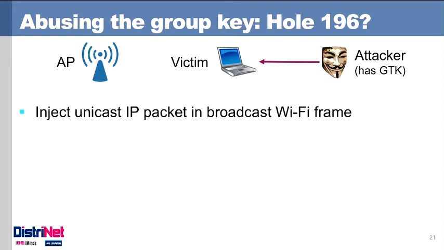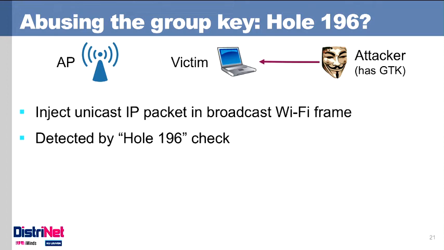Then an initial idea might be to simply encapsulate a unicast IP packet in a multicast or broadcast Wi-Fi frame. However, this is not possible. This is detected by the so-called Hole 196 check.